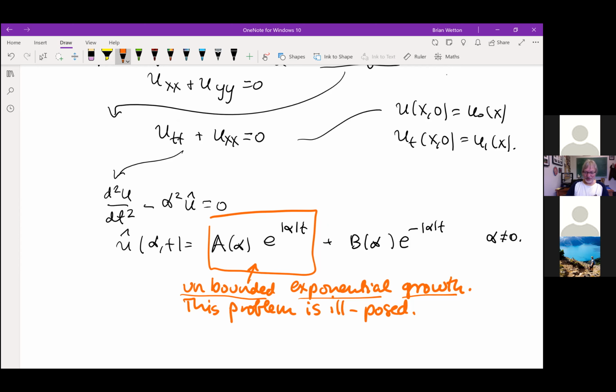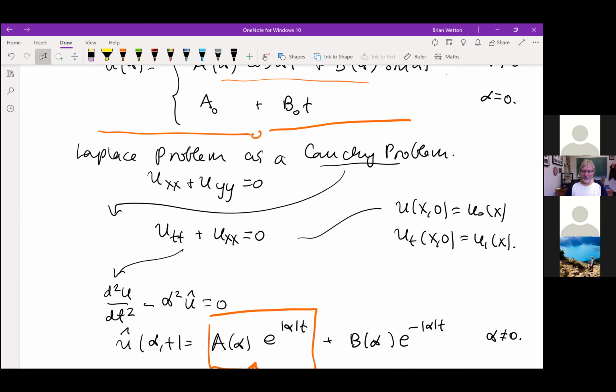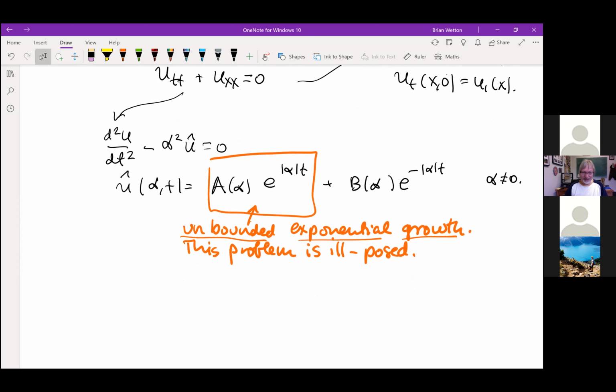So okay, when I say the Laplace problem really only makes sense as a boundary value problem, not as an initial value problem, here is the evidence in this red box, right? That's if you try and formulate the wrong kind of problem with the wrong kind of data, your problem doesn't make sense anymore, right? Ill-posed.